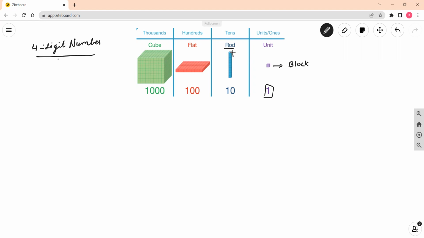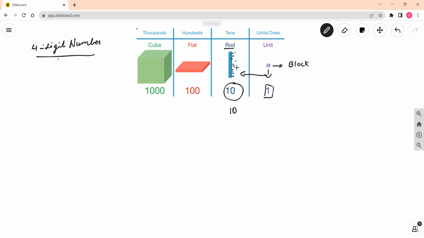If you start counting 1, 2, 3, 4, 5, 6, 7, 8, 9, and 10. So these 10 blocks together combine to make a rod. So a rod consists of 10 blocks. So we call it a rod and we call it 10.